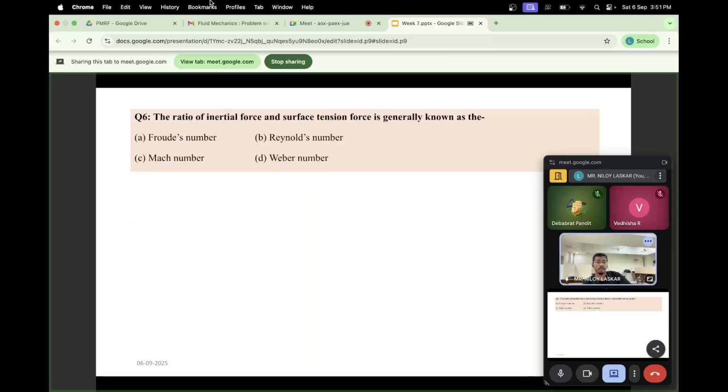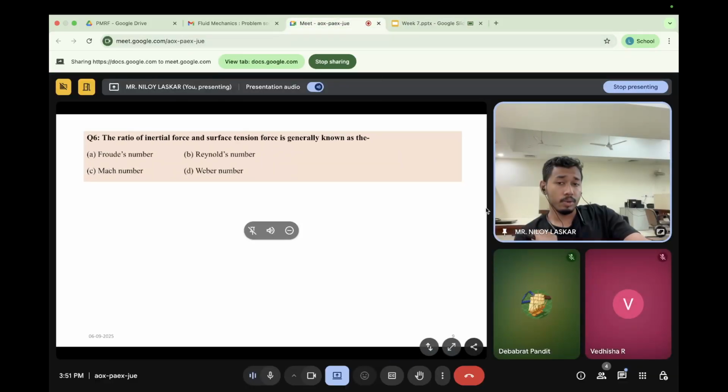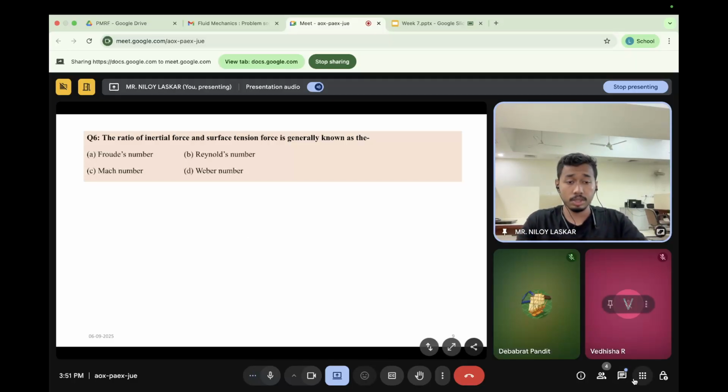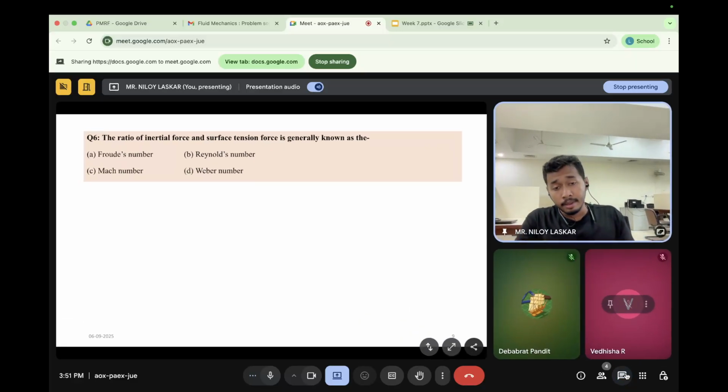As I have already discussed this concept in the earlier slide, I hope you will be able to answer this question. Is the ratio of the inertial force and the surface tension force generally known as what? Please try to answer.